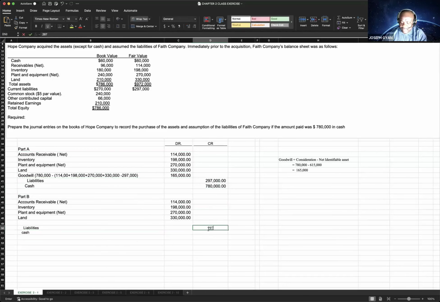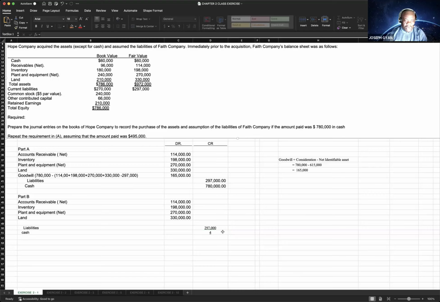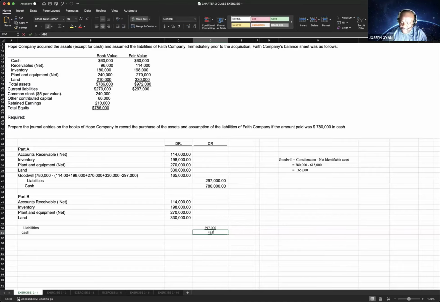Liabilities 297, no change. But this one is now 495,000, which is how much we are giving now.